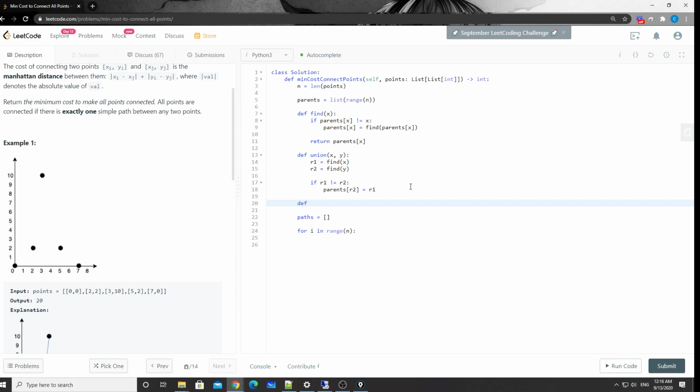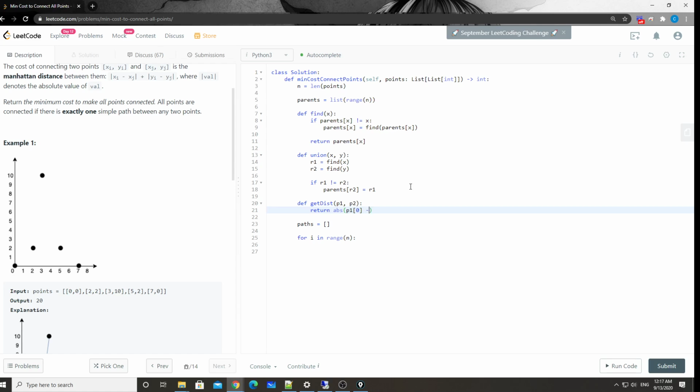To do that, I'm also going to define a helper function to calculate the distance.